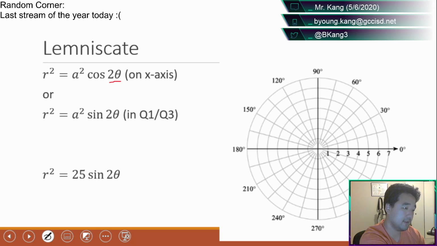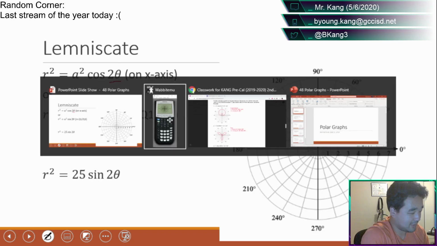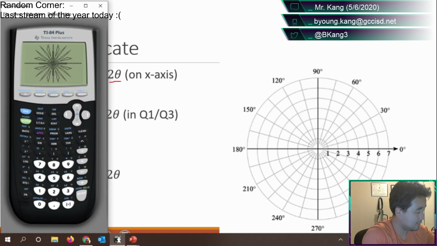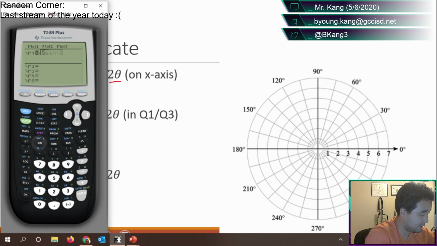The hardest part about this problem is that you don't really want your calculator, and in fact you kind of can't, because you can't type in r squared, it has to be r. So if you just try to type in like square root of 5 sine 2 theta or something like that, you're only going to see half of the graph because you can't do a plus minus or anything. It's not a function anymore. Oh, I guess on sine ones you do.